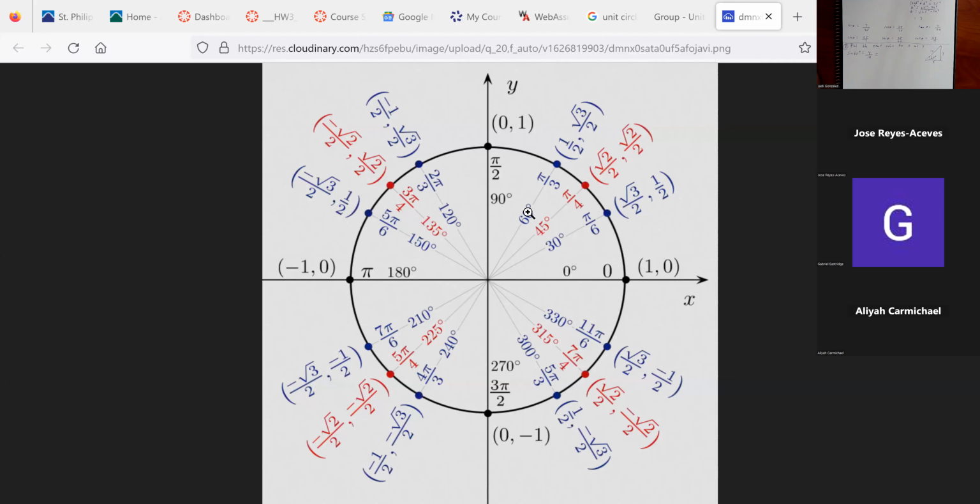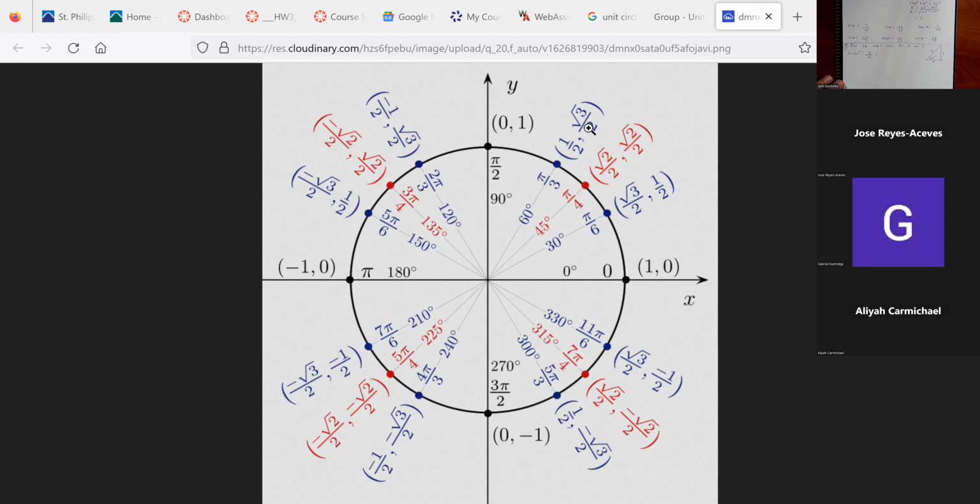If they do cosine of 60, that would be the x value. Cosine is the x value, sine is the y. And tangent would be y divided by x.